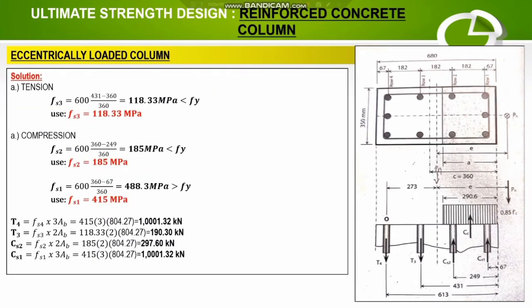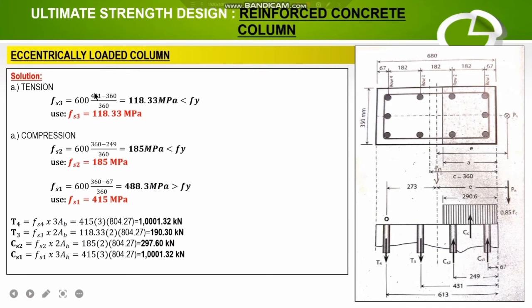Still in the tension part, we will now solve for the Fs3, or the tensile strength of row 3. So with the basic formula, Fs is equal to 600 times D minus C all over C. So Fs3, or in row 3, is equal to 600 times 431 minus 360.